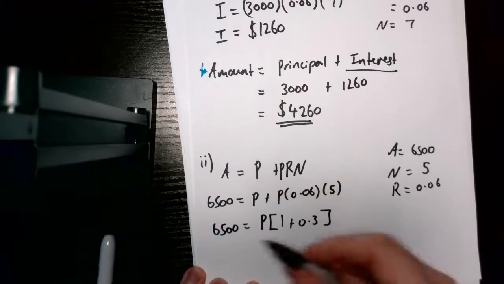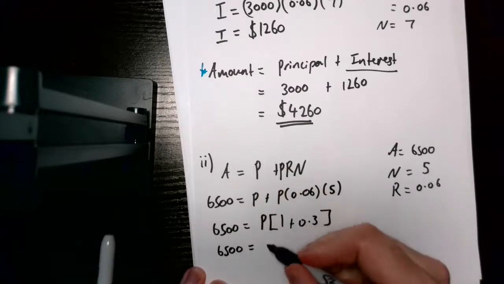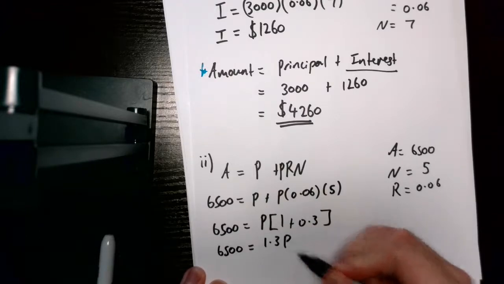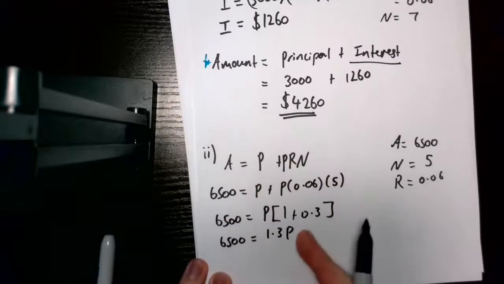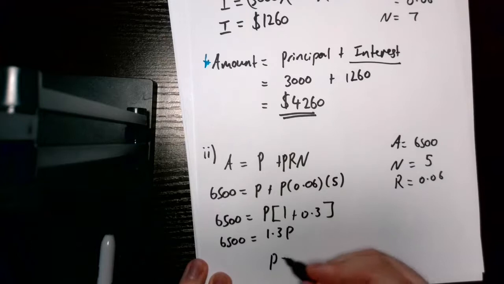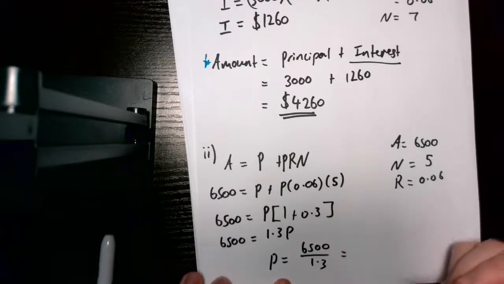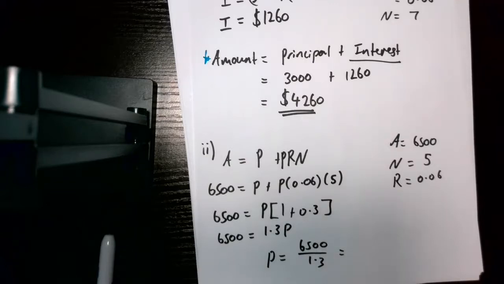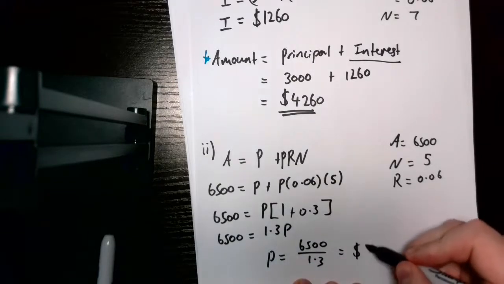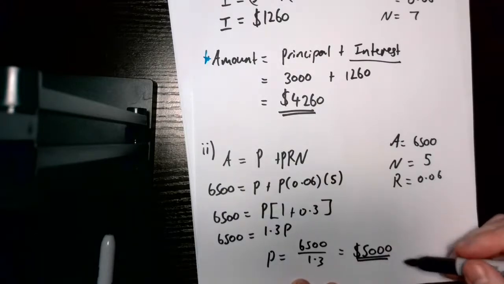Tidying up this bracket, I end up with 6,500 is equal to 1 plus 0.3, which is 1.3, times P. Now I need to isolate P by itself to solve the equation. So P is equal to 6,500 over 1.3. Simplifying that down, we end up with $5,000. So our starting principal in this account is $5,000.